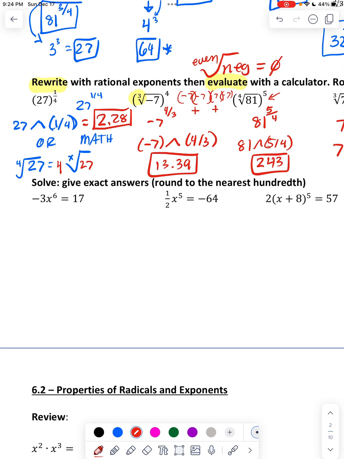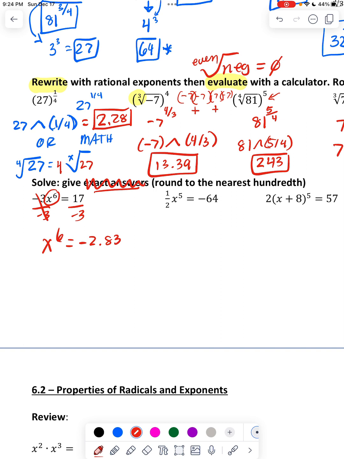Now, we're going to solve and give exact answers. That doesn't make any sense. You can't round to the nearest hundredth and have exact answers, so we're just going to ignore that. I need to get the power or the root part alone, so I'm going to divide by -3. Now we have x to the 6 equals about -0.283.